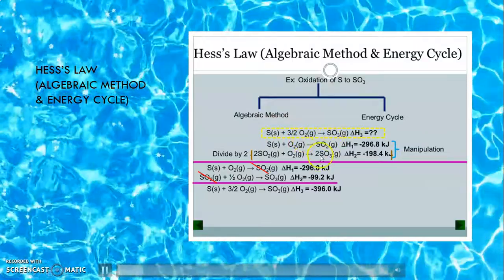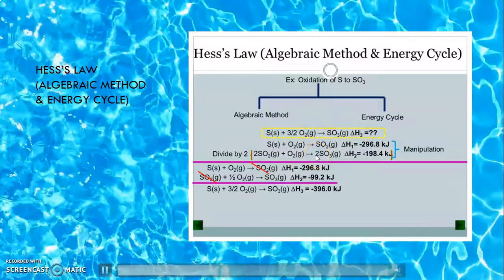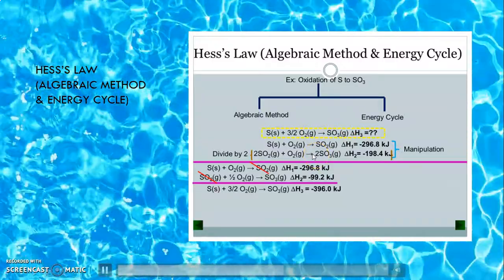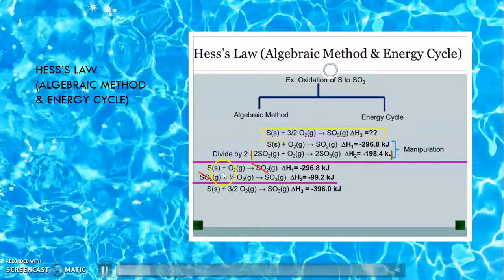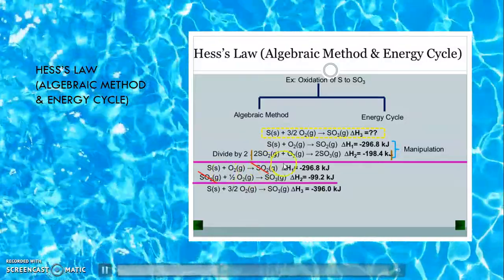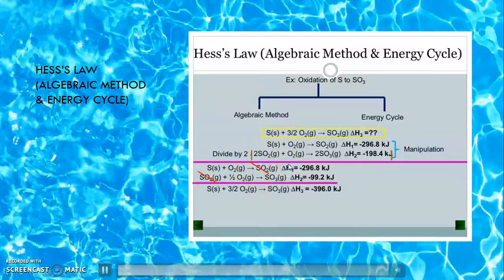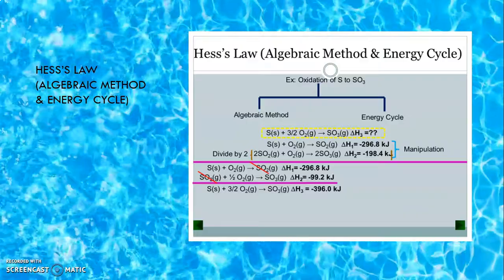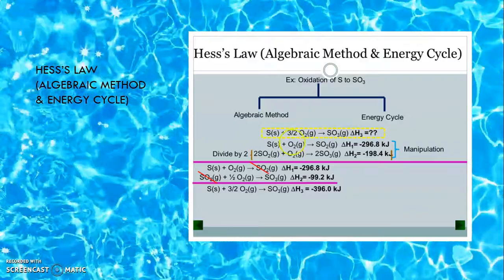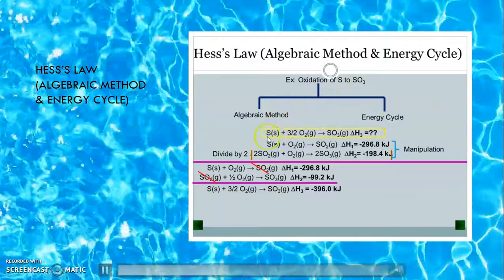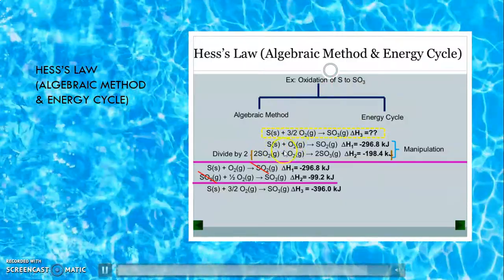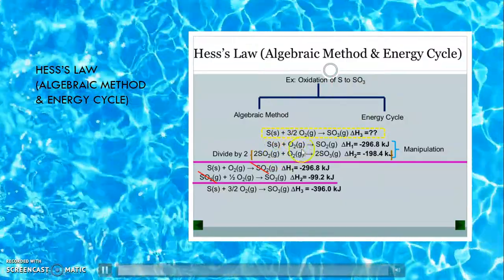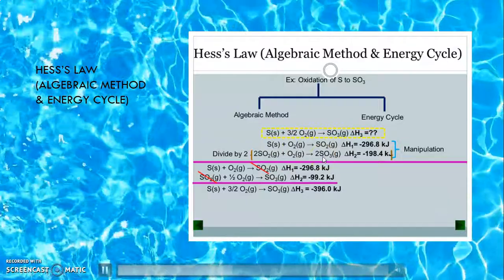So we might have to reverse the equation if we need to do that. Here, we don't have to reverse the equation, because from the data given, sulfur and oxygen are the reactants, and sulfur trioxide is the product.